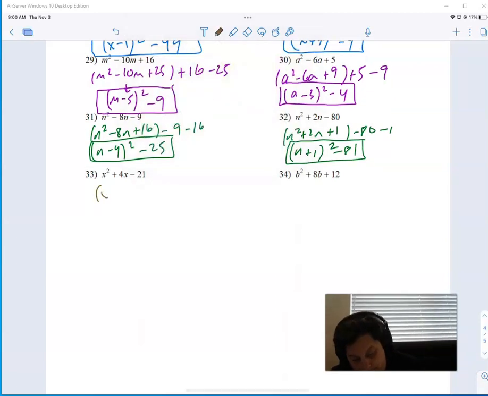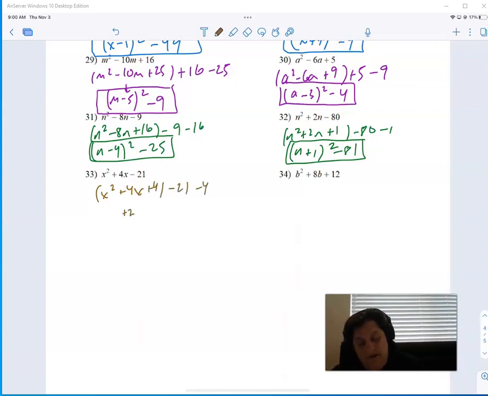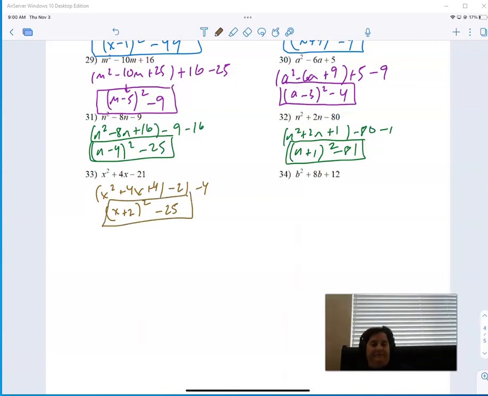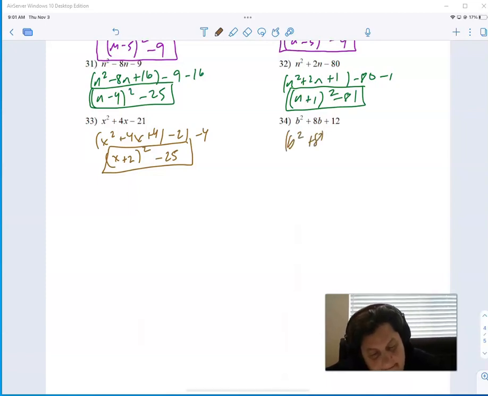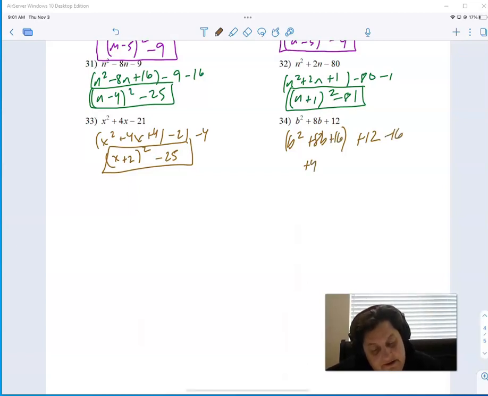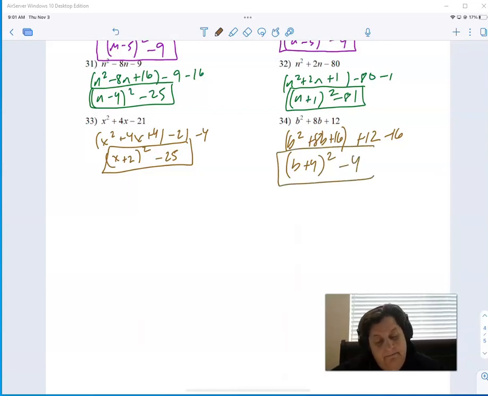Okay? Half of 4 is 2. Squared is 4. Plus 4 minus 4. Got x squared minus 5. All right, and last one here. Half of 8 is 4. Squared is 16. Plus 16 minus 16. So this is b plus 4 squared minus 4.